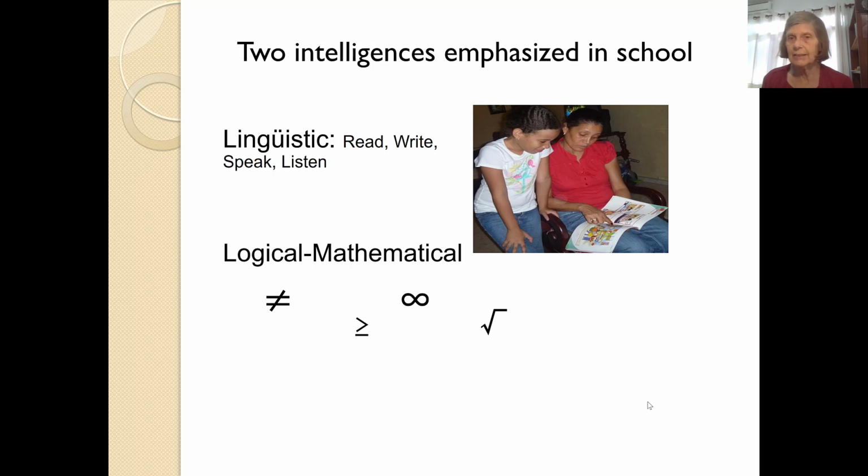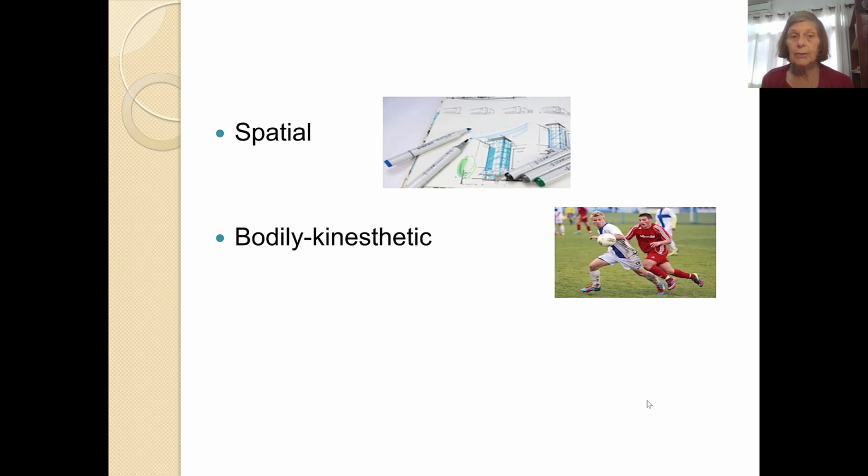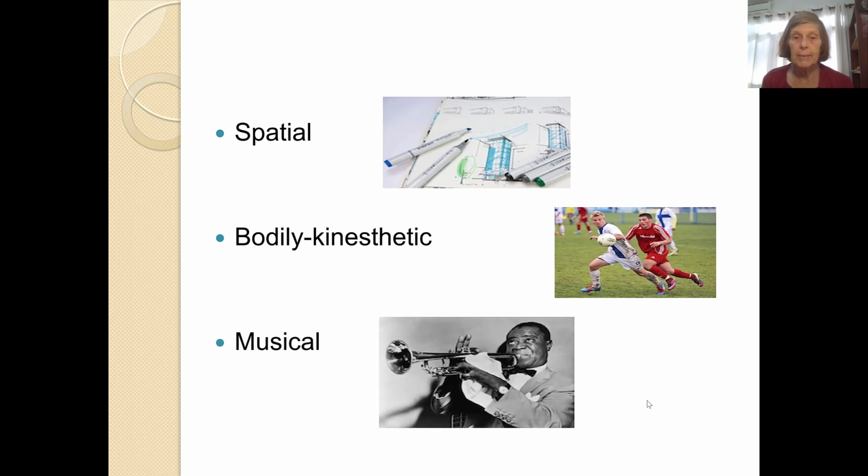However, there are other intelligences that are not emphasized or appreciated as much, even though in everyday life they are very important. For example, someone who has good spatial intelligence might be an artist or an architect. Those who have good bodily kinesthetic intelligence usually excel in sports or dance. Those with musical intelligence obviously are good at music.